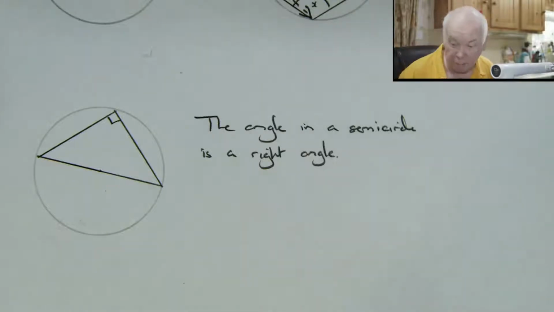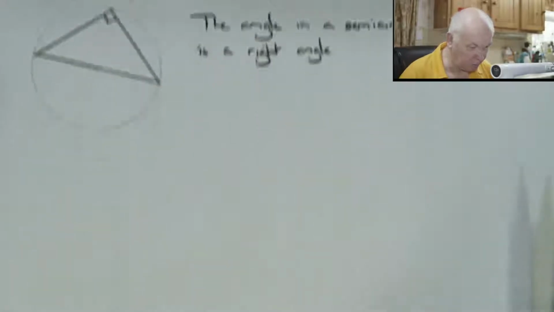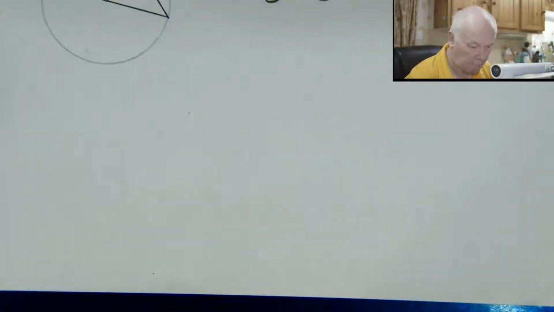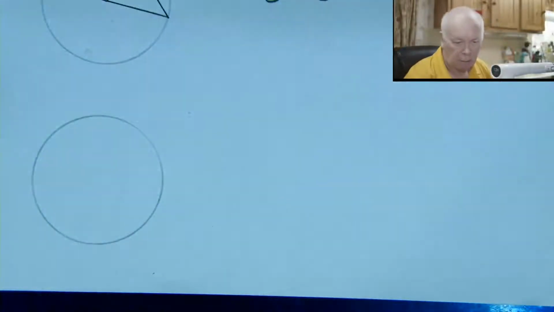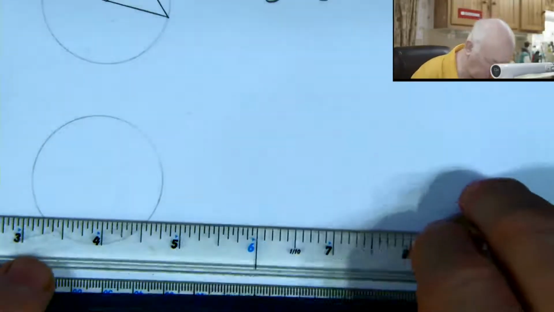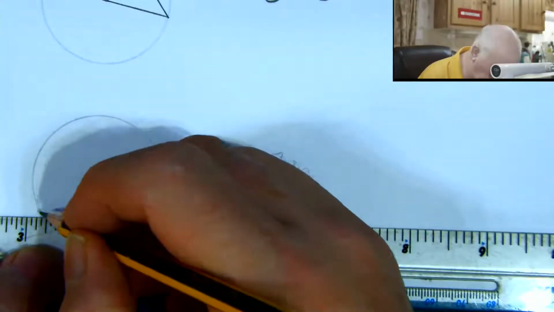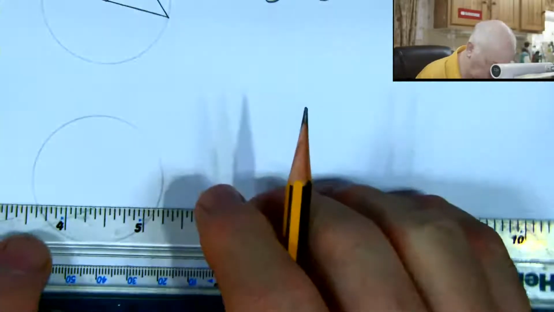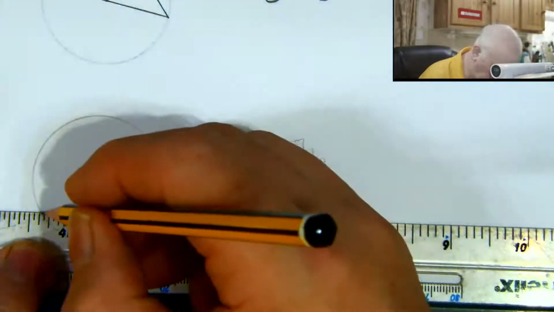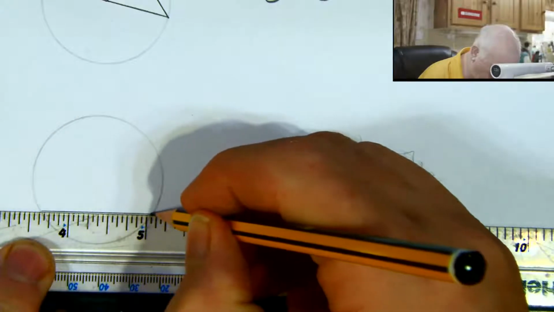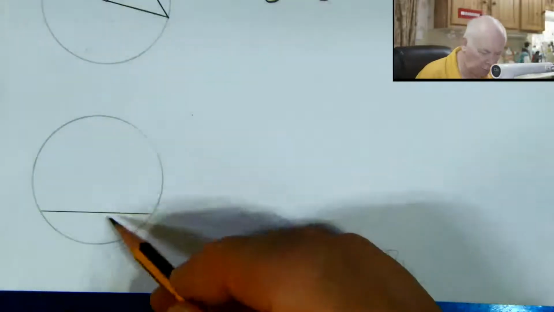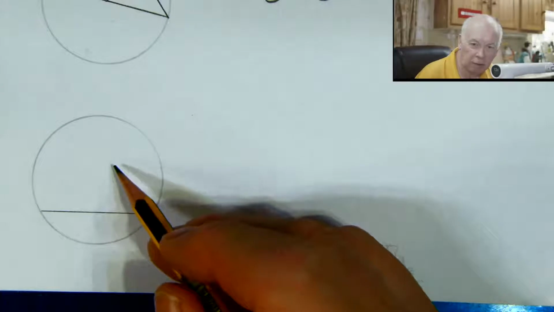So our next one, quite easy. Let's just draw in my circle again. And here, what I'm going to do is I'm going to draw in, I'll do it this way. The chord, we have now two segments of the circle.